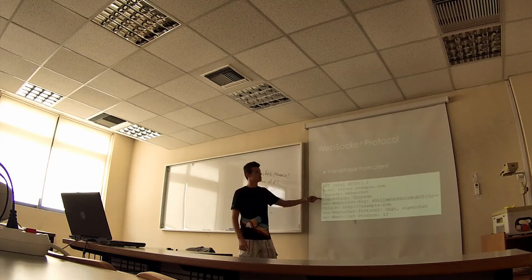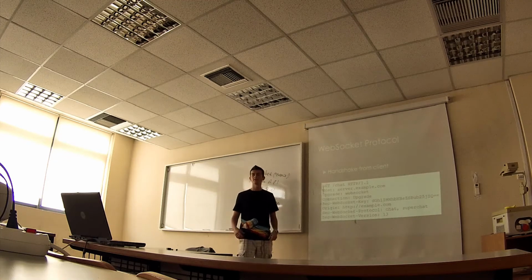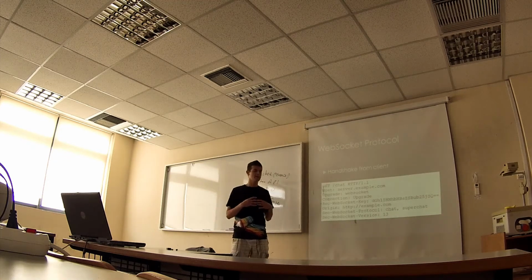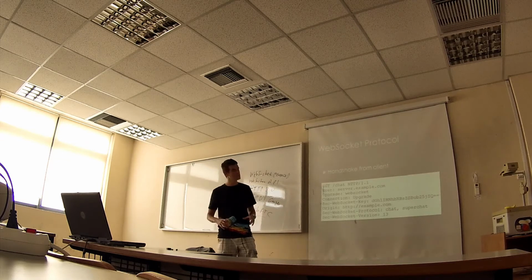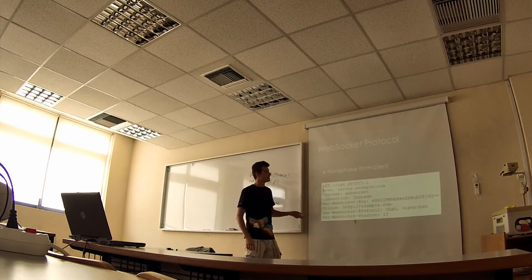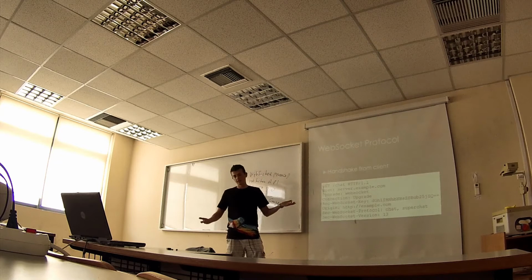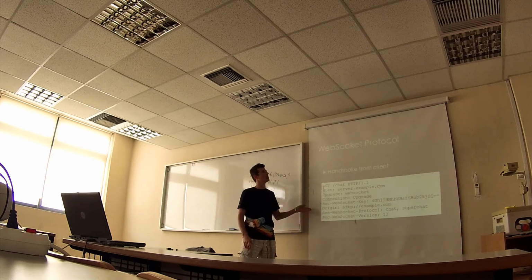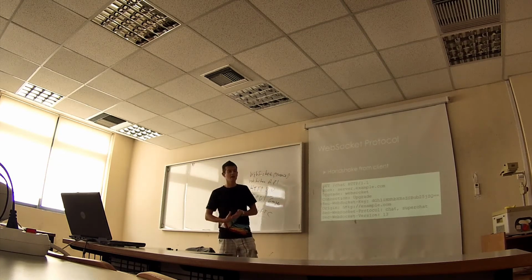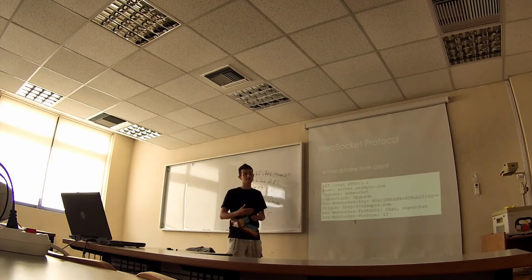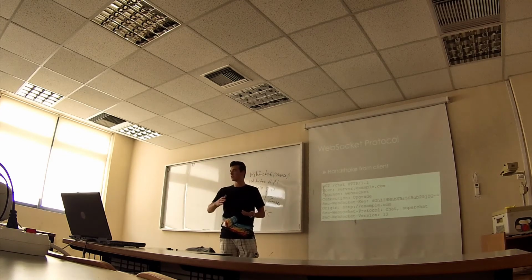So let's see, there's a connection upgrade request. So the client wants to upgrade to a WebSocket connection. It can be declined. Then if a client has fallback handling, the communication can go on over HTTP.